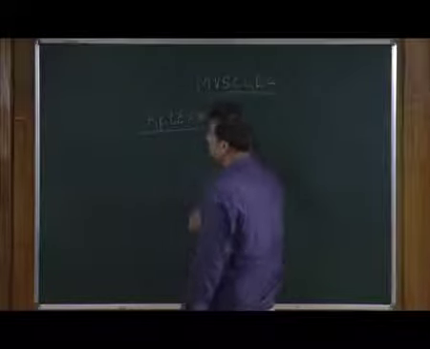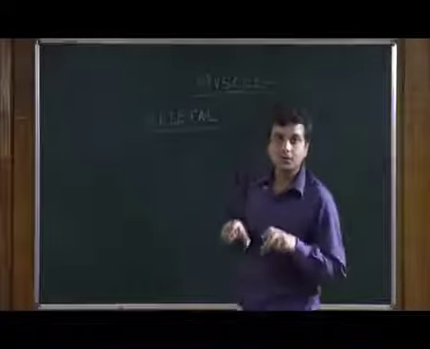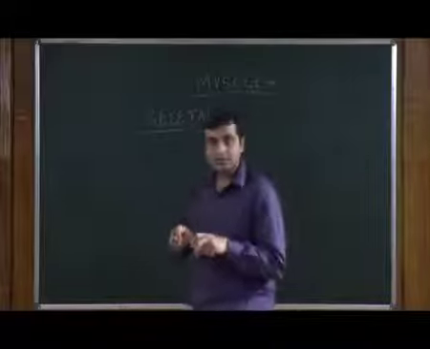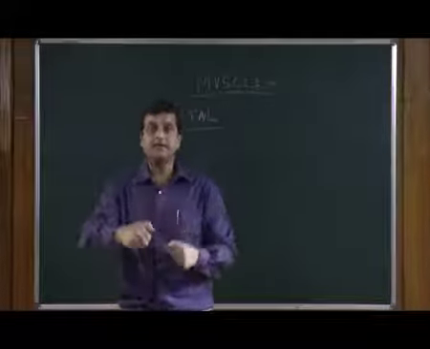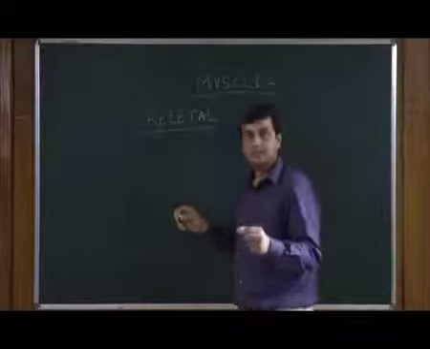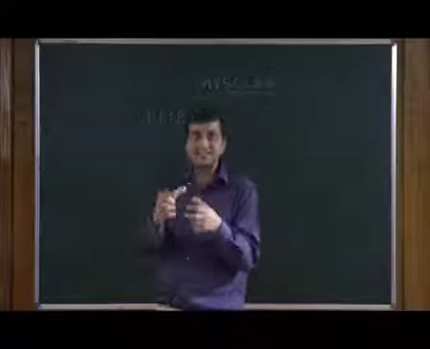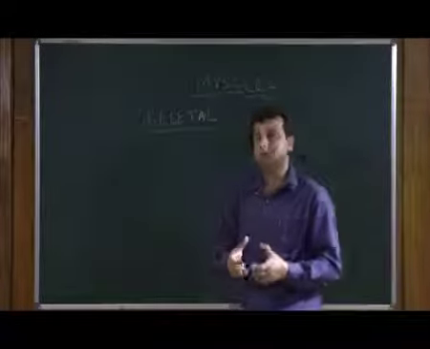Now this skeletal muscle is basically the muscle which is attached to the bones. The bony structure of each and every bone of the body is basically wound up nicely with this muscle, and that's why these are called skeletal muscle, because these are attached to the skeleton, the actual bony framework of the human body.